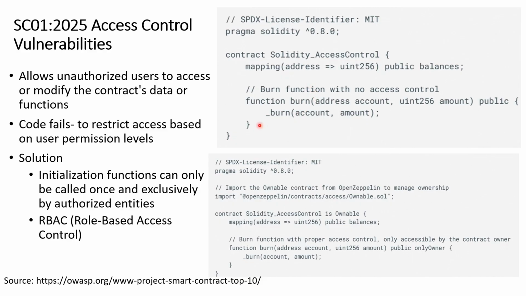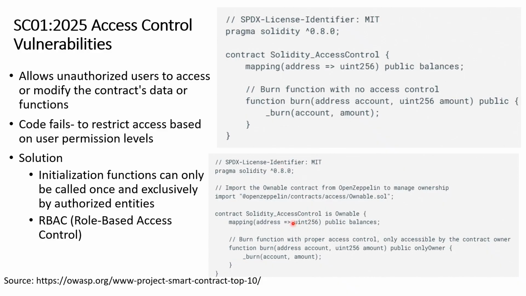One solution is that the initialization function can be called once, and it should be from authorized parties only. Second, you can apply role-based access control, so that whoever is initiating that particular function, their role should be verified, whether that user is allowed to withdraw that amount or not.